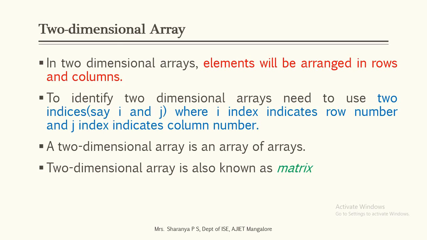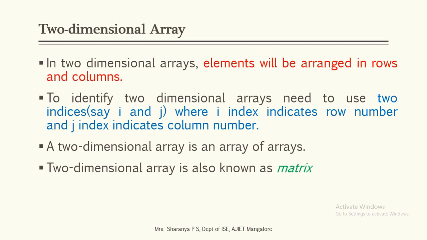Say, for example, i is the index used to represent the rows and j is the index used to represent the columns. Based on these two different indices, we can refer to the rows and the columns present in the two-dimensional array.